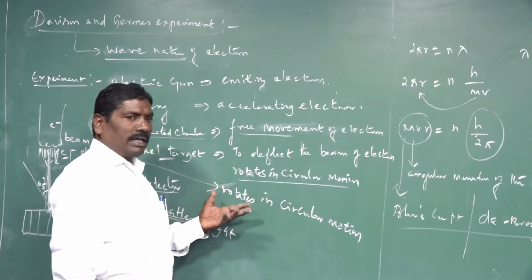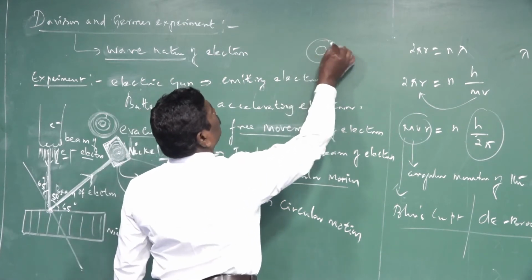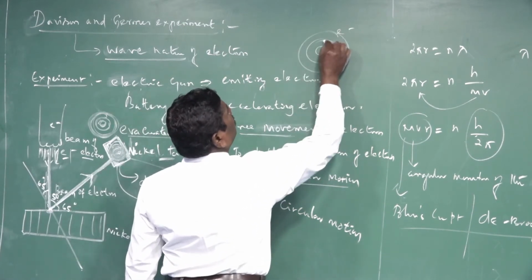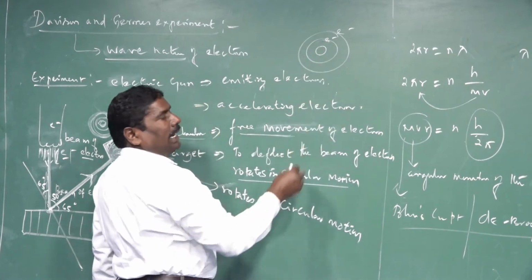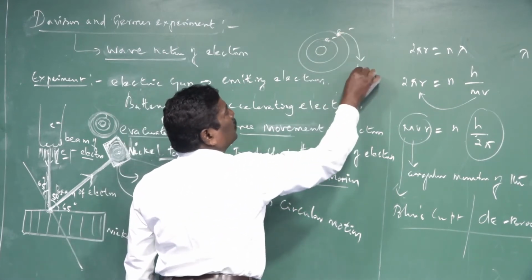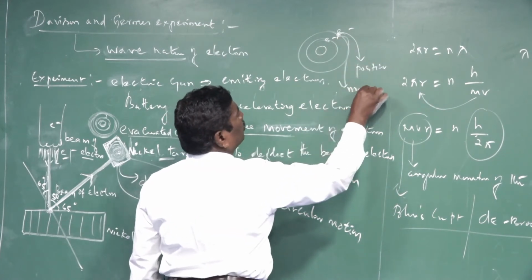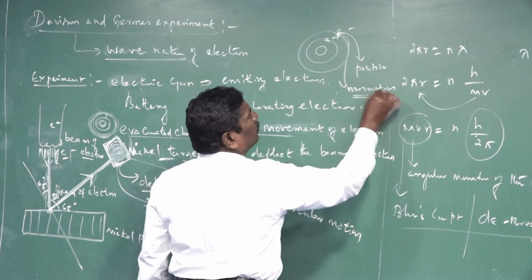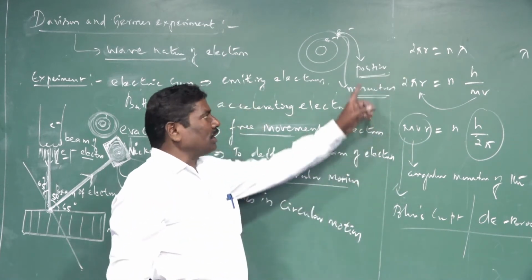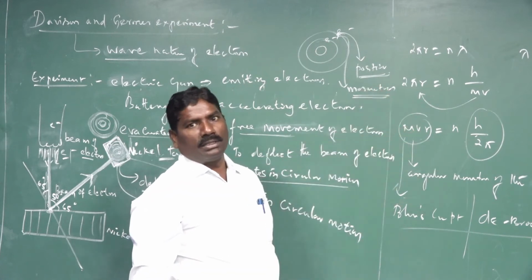If an electron is moving in a circular path, we want to identify its position and momentum. Can we calculate the position of the electron, and also its momentum? Is it possible?